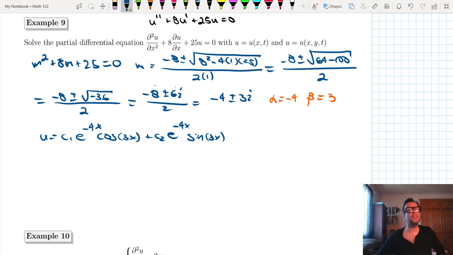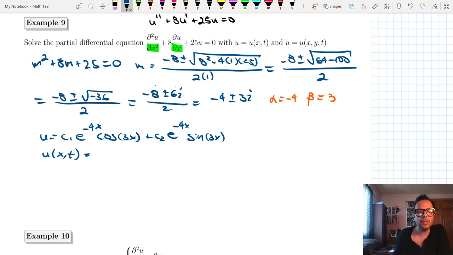And well, that's what we learned in ordinary differential equations. Now with the partial equations, we need to introduce the variables that we're working with, x and t. Notice in this case, again, the equation was solved with respect to x. We held the other variable t constant.